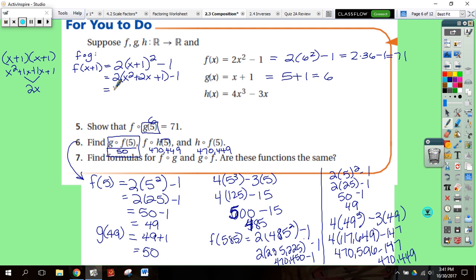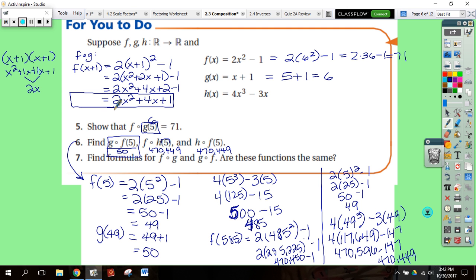So this would be 2x squared, because we're distributing now. 2 times x squared is 2x squared, 2 times 2x is 4x, 2 times 1 is 2, and then if I subtract out this 1, it would be 2x squared plus 4x plus 1. So this is the formula.